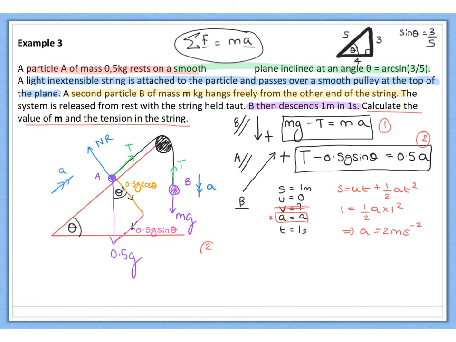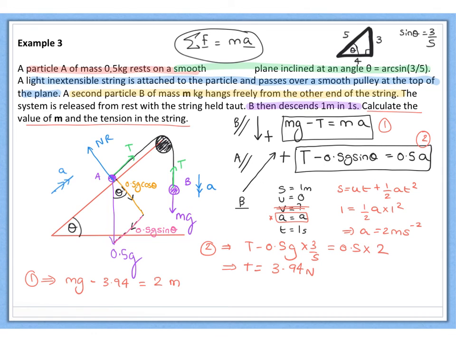So from equation 2, we know that T minus 0.5g times sin theta, which is 3/5, is equal to 0.5 multiplied by a, which is 2. I can rearrange this and I find that T is equal to 3.94 newtons. And then if we substitute everything we know into equation 1, we know that mg minus T, 3.94, is equal to 2m, because the acceleration is equal to 2.